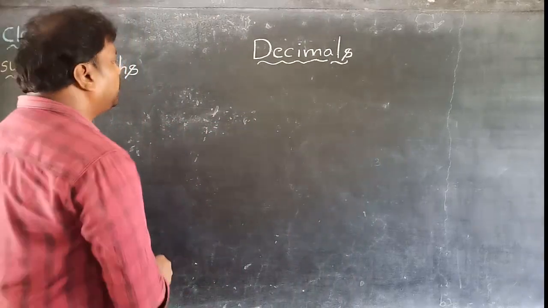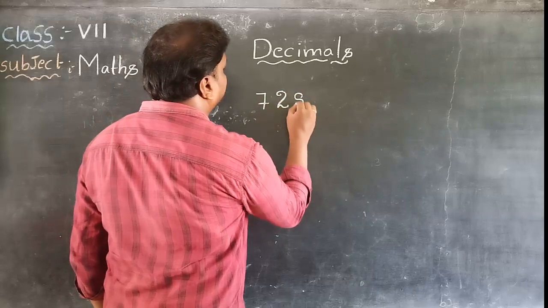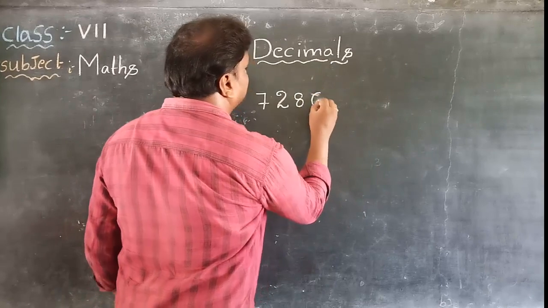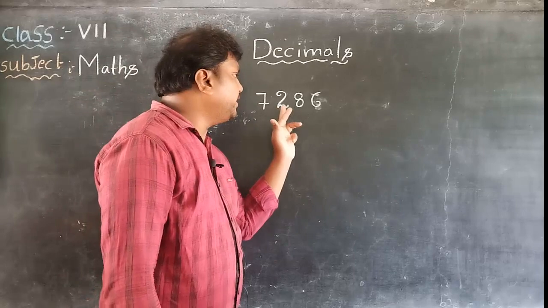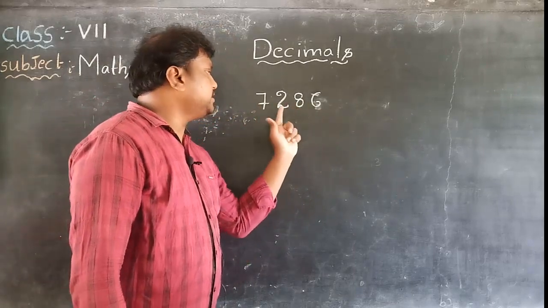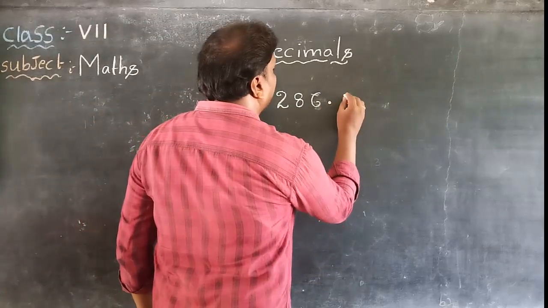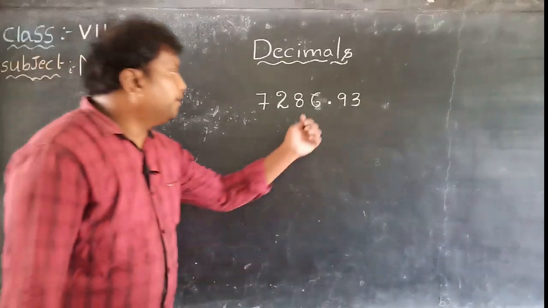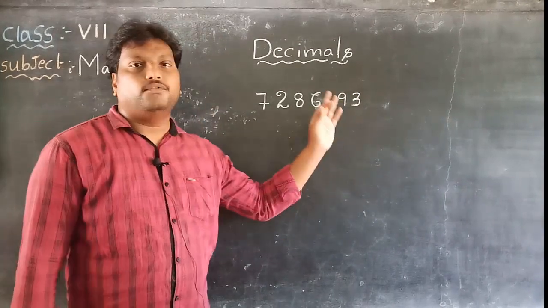For example, 7286. 7286 means ones place, tens, hundreds, thousands. But in decimals, we will also get some values after the point.